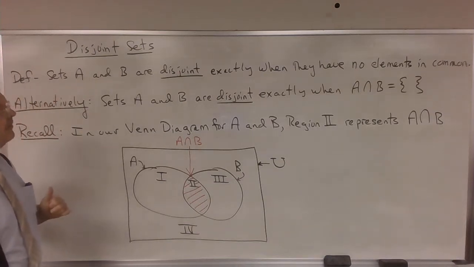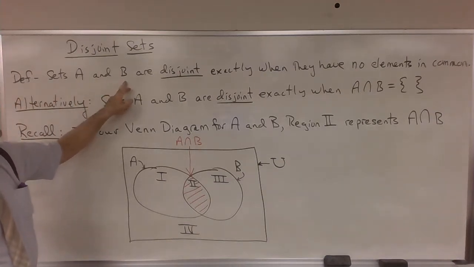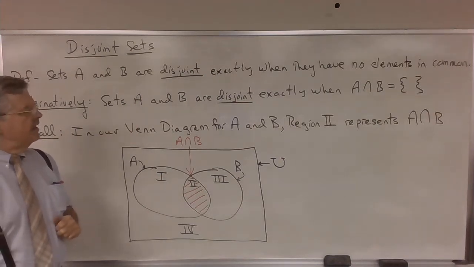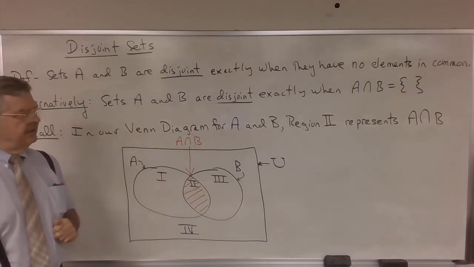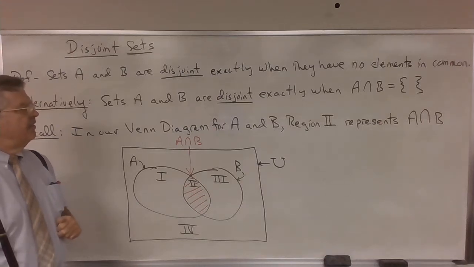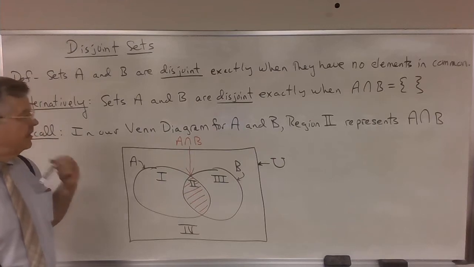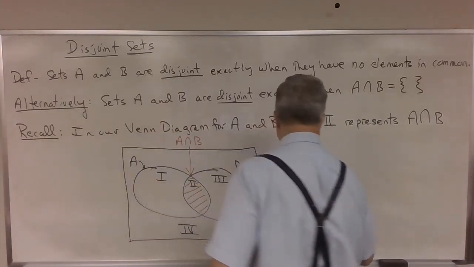Now, how does that relate to A and B being disjoint? If A and B are disjoint, then region 2 contains no elements. So let me write that down.